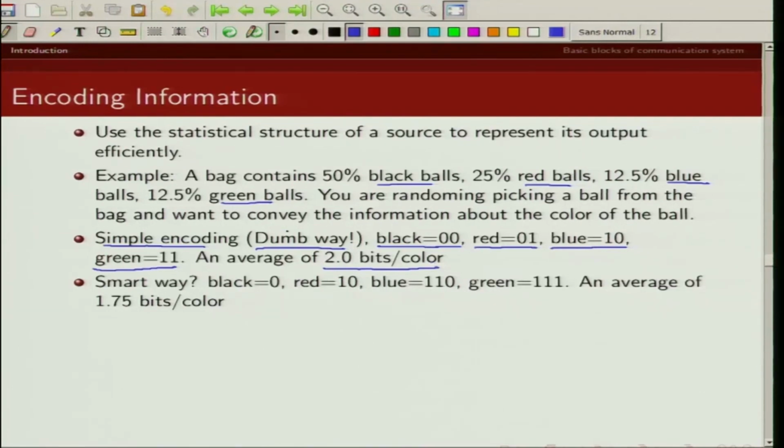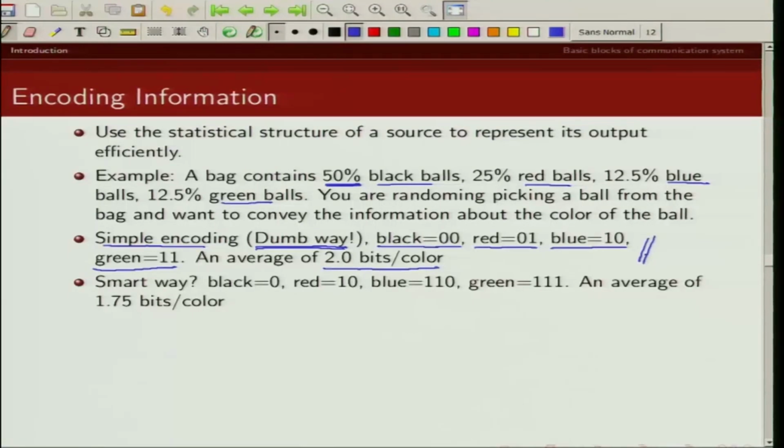Now why is this a dumb way? Please note that 50% of my balls are black. So when I pick up a ball, every second ball is likely to be a black ball. Now this encoding which I did here does not take into account the frequency of the color which comes out.